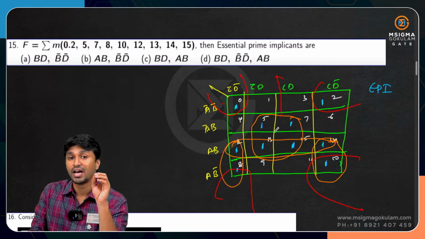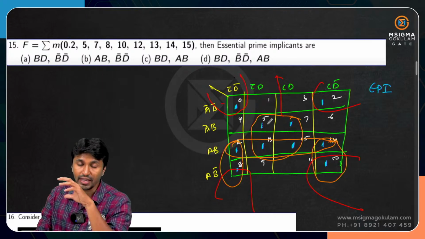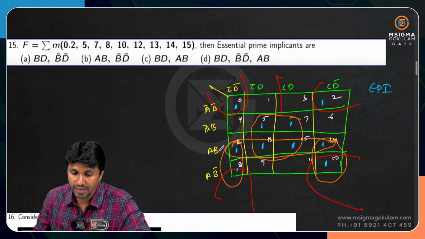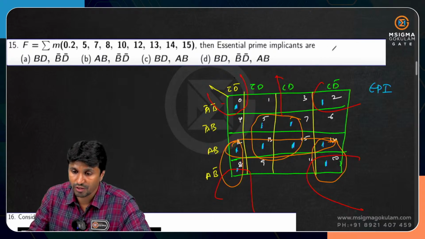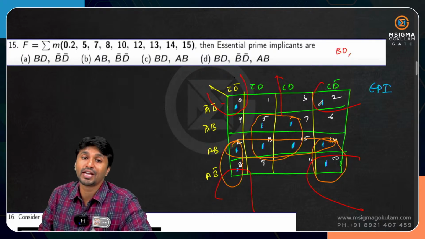These min terms are not included by any other prime implicant, so this is an essential prime implicant. What is the simplified equation? This is B and this is D, so BD is an essential prime implicant. What about this group? You can clearly see that these two min terms are not included by any other prime implicant.